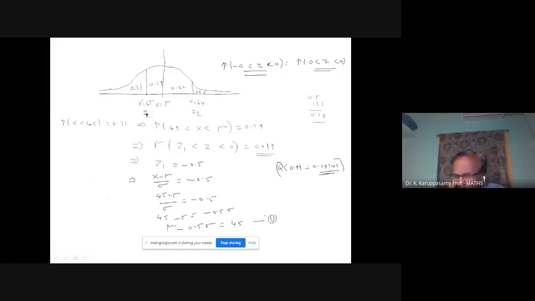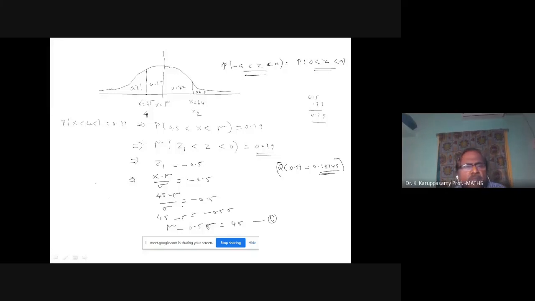Actually, we need to find mu and sigma. We get one equation, a linear equation, involving two variables. Another condition is given. Using the other condition, we can get another equation. In the same way, we have to proceed.